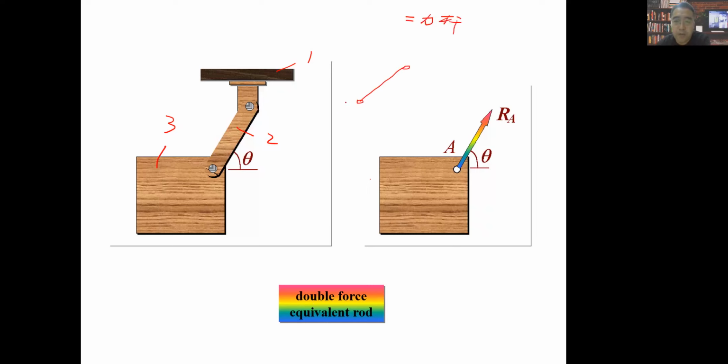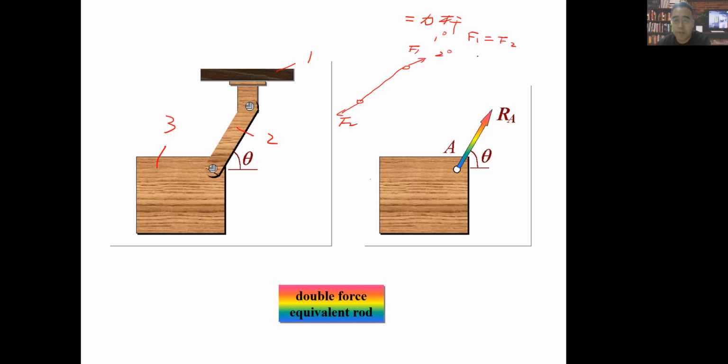Then we know it will only have forces at these 2 points, and these two forces must have these characteristics. One, they have the same magnitude, that is F1 equals F2. Second, they have opposite directions, like this F1 and this F2.